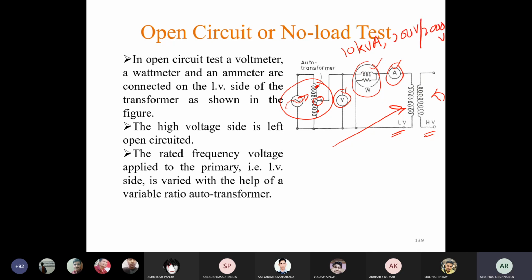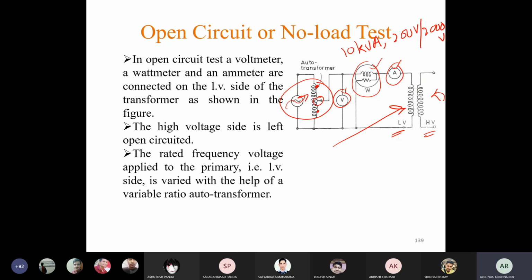So note this rating, please. We will be requiring this rating while discussing the answer to the question of why the open circuit test and short circuit test are performed on the low voltage side and high voltage side respectively.